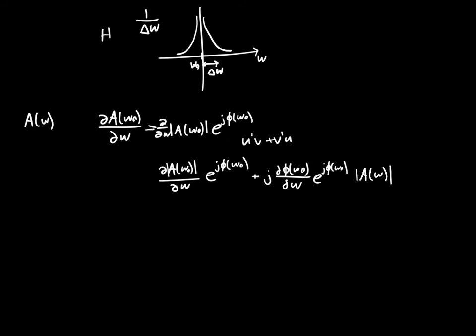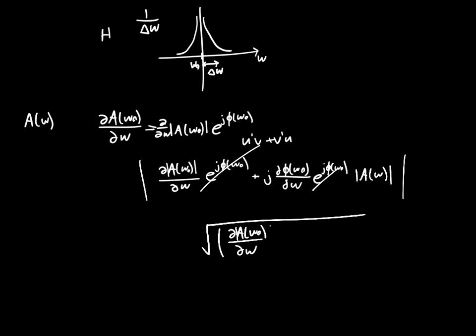And if we're only interested in the magnitude of this whole function, then we can get rid of e to the j anything, because this magnitude is just 1. We're left with the square root of the real part, which is this first term, the derivative of the magnitude squared, plus the imaginary part.